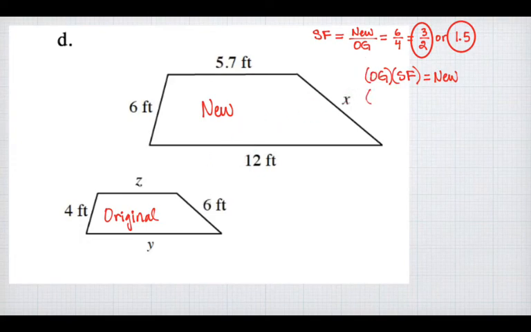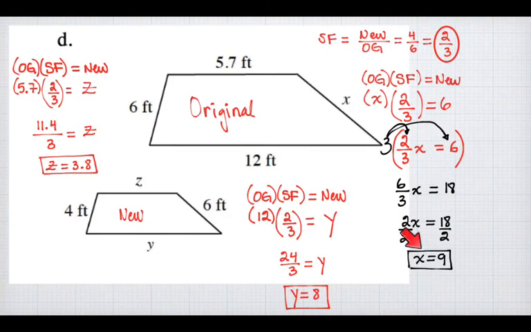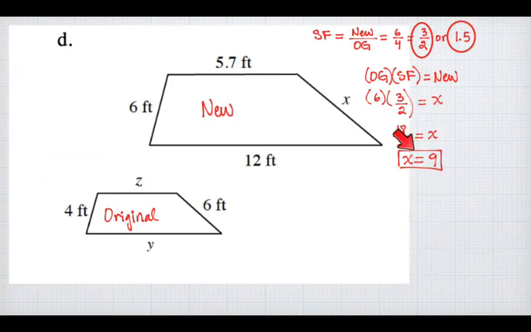So we got 6 times the scale factor, which is 3 over 2, equals x, because that's the side we're trying to get, right? So what is 6 times 3? 18. So this becomes 18 divided by 2 equals x. And 18 divided by 2 is 9, so the value of x is still 9, just like we got last time. Last time we got x equals 9. This time we still have x equals 9.